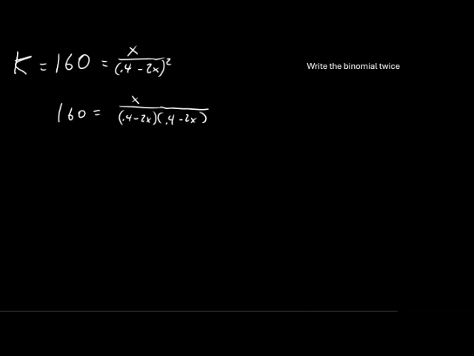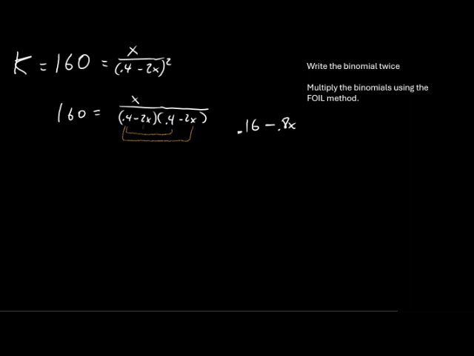Now that we've written this twice, we will multiply these two binomials using the FOIL method. We'll begin by taking the 0.4 times the 0.4. This will give us 0.16. Then we'll take the 0.4 times the negative 2x, which will give us negative 0.8x.